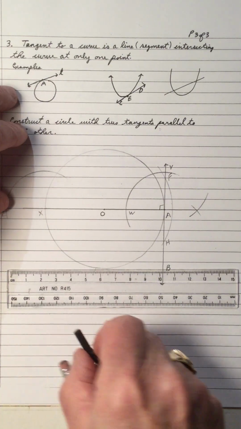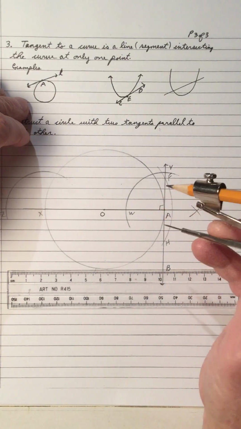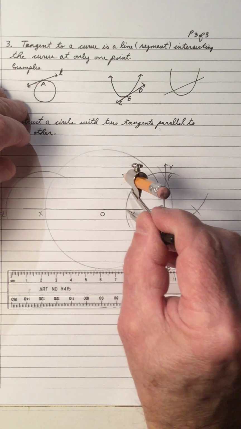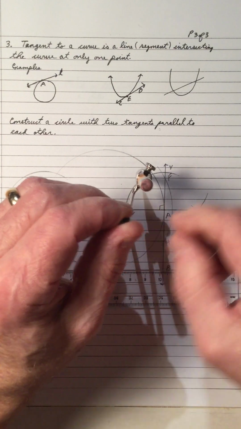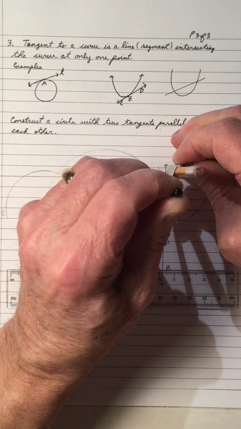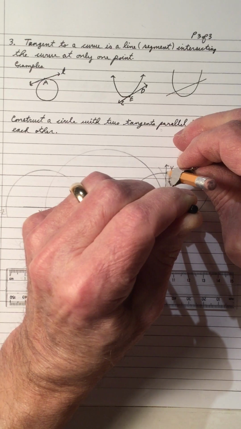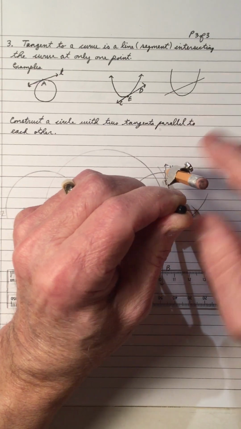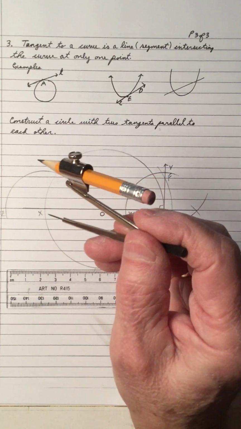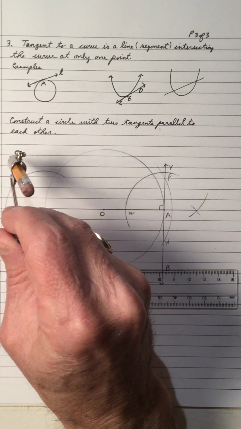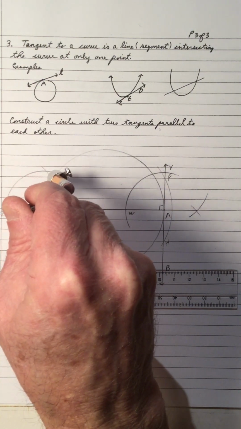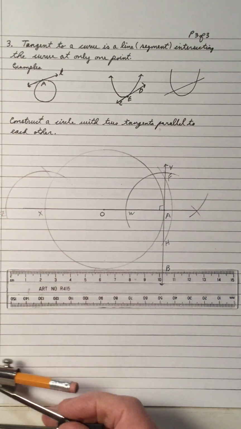Okay, so let's go back to this angle and copy it. So we place our compass at W and extend our compass out to F, right there. Lift the compass up, and go back to this line here at Z and draw an arc. What we're doing, we're copying the angle.